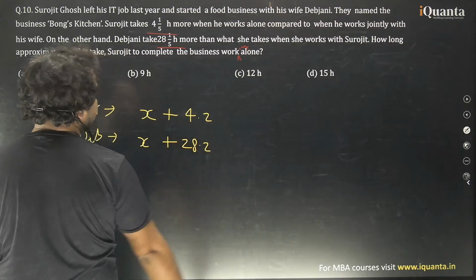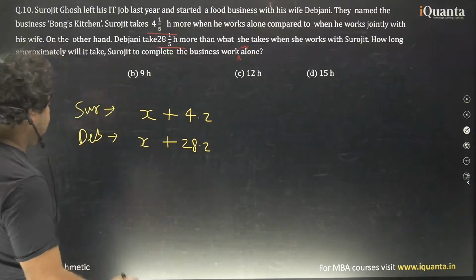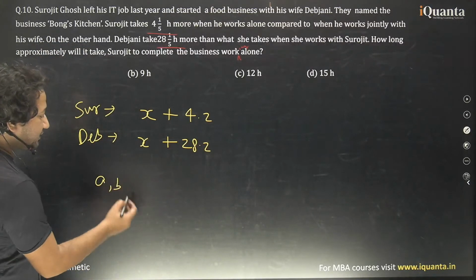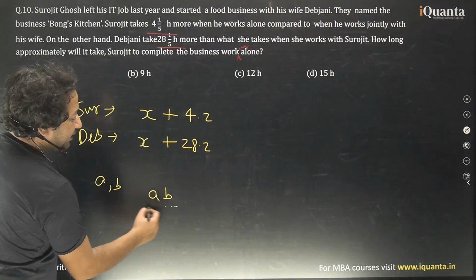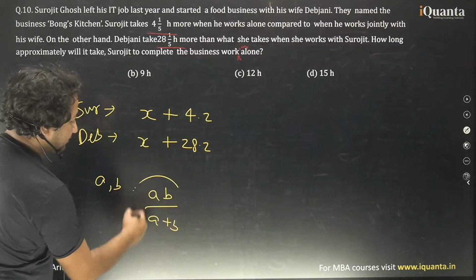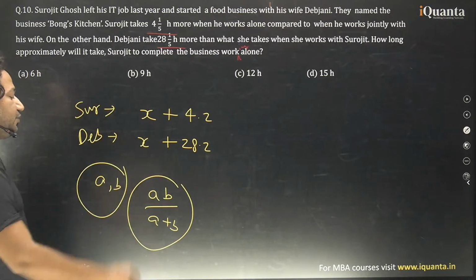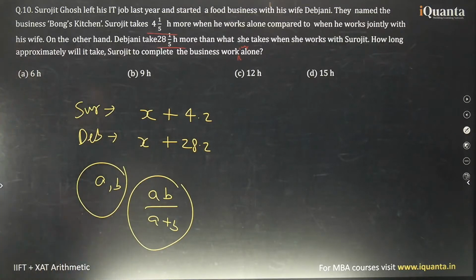Is that right? Now all of us know that if two people are taking A and B hours, then the total work will be done in AB upon A plus B hours. If two people are doing a work individually in A and B hours respectively, then complete will be done in AB upon A plus B. So let us do that.